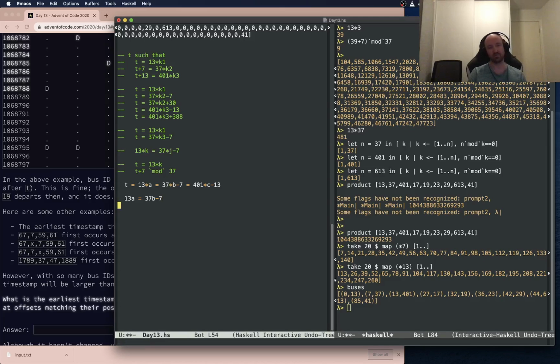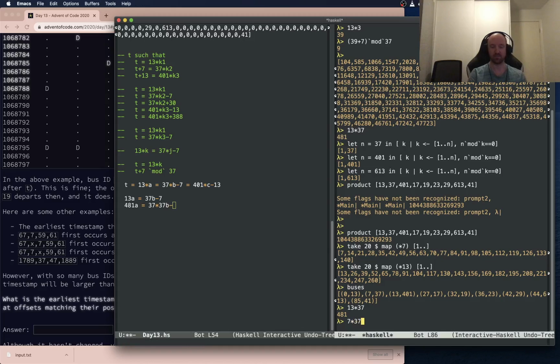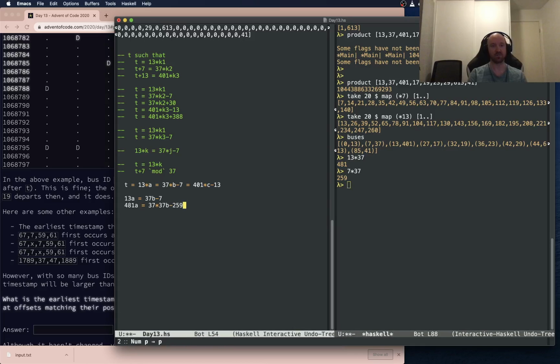What if I multiply 13 times 37? I multiply both sides by 37. No, that's not going to work. Maybe it will. 481a equals 481. Oh, that's not correct. It's going to give me 37 squared, 37 times 37b minus 259.